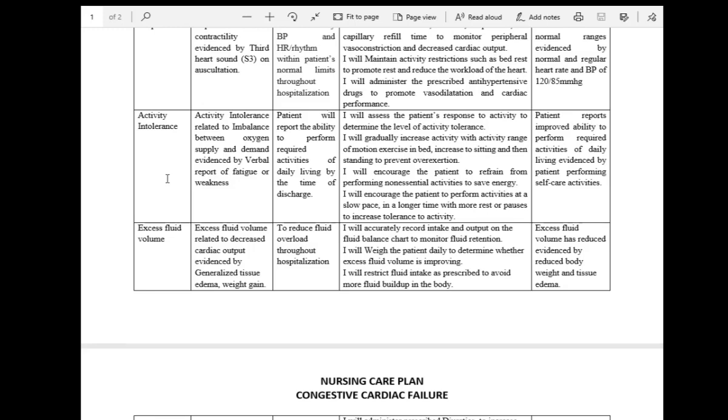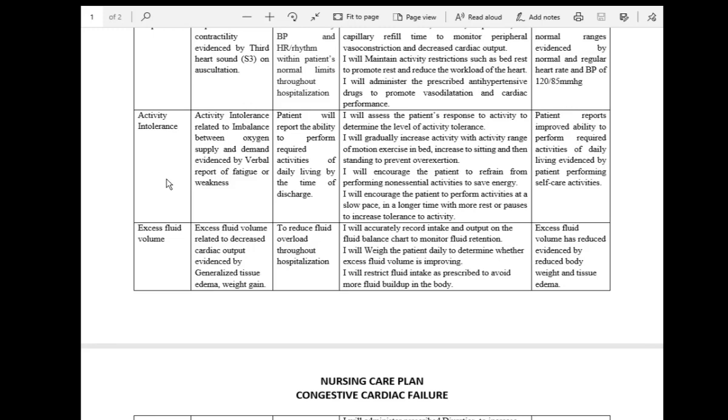Then the third, now we go to the objective or goal of this problem. So what do we want to do at the end? We want our patient to report their ability to perform regular activities or required activities of daily living by the time of discharge.